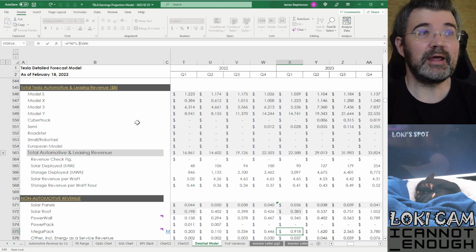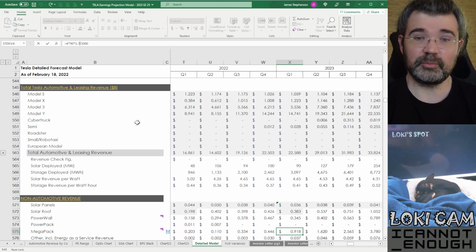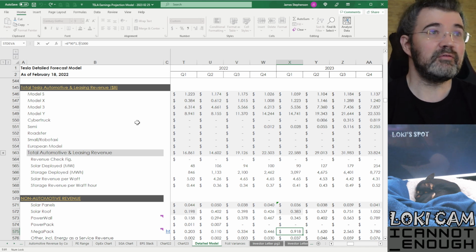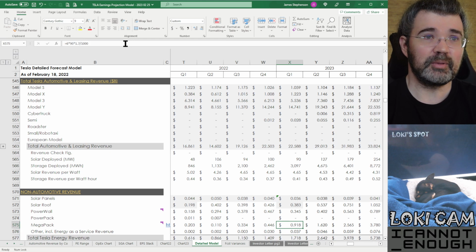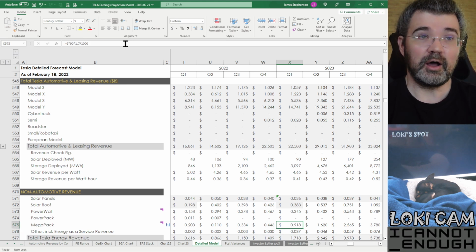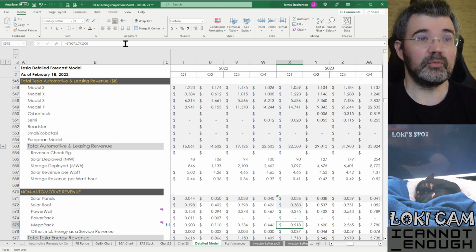Estimate 90 days per quarter, 6 megapacks produced per day is the assumption. If you believe those assumptions, 6 megapacks per day, 90 days per quarter, $1.7 million per megapack sold, then you believe almost $1 billion worth of megapack revenue in Q1.